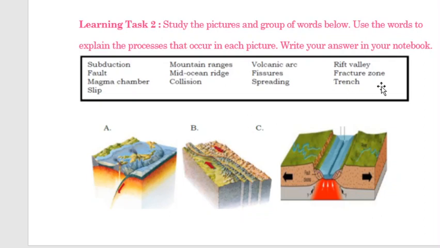You should be getting from these words to explain the processes that are taking place in this picture. Picture C is a picture of a divergent plate boundary formed by two continental plates that are moving away from each other. Again, you should be able to pick from these words and explain the processes that occur in each picture.